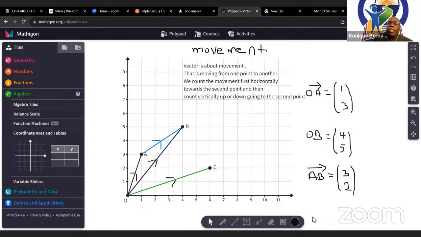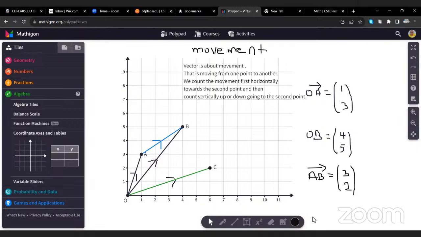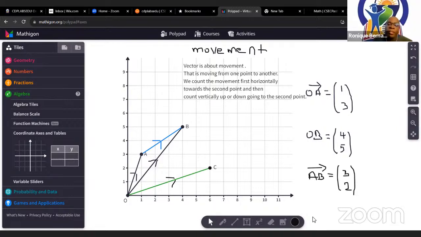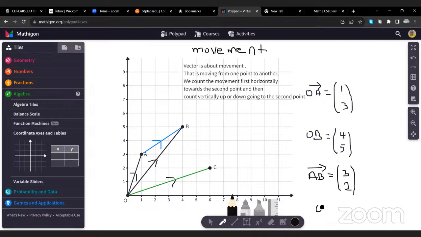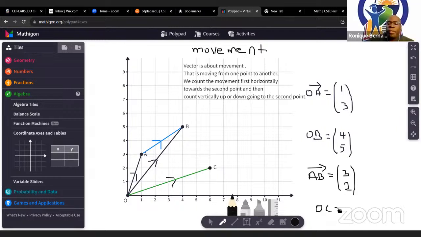All right. Shant, you can text the answer or say it. What's the answer for that one? 6, 2. That's correct. The vector OC is 6, 2. So we'll write OC right here. 6, 2. Correct.